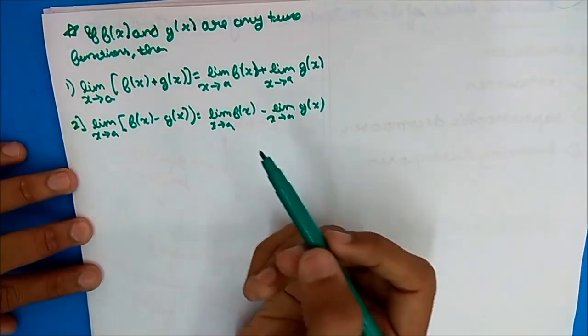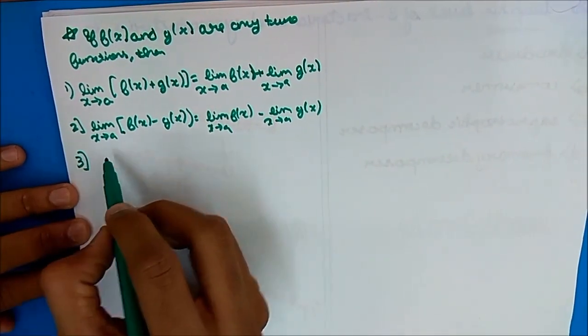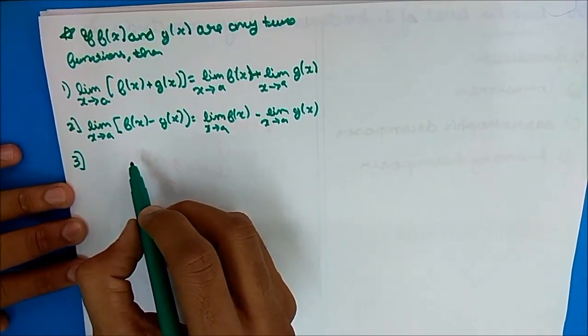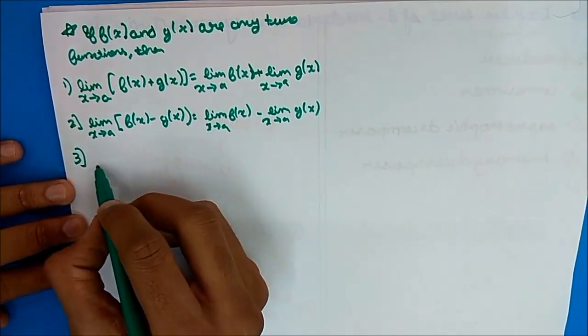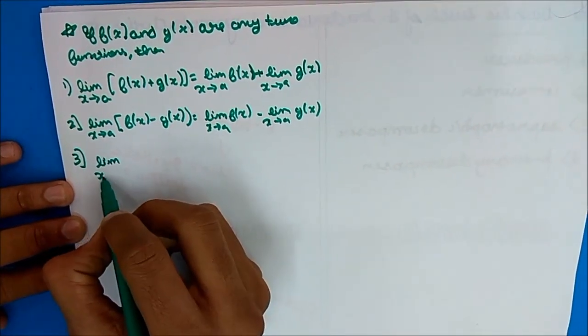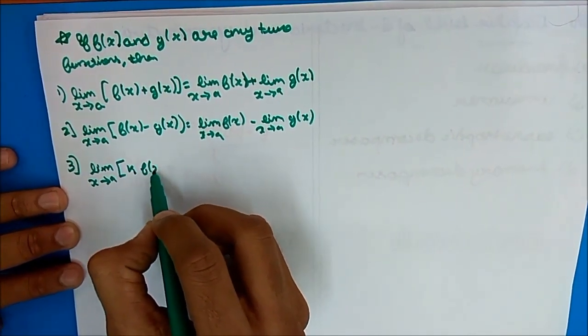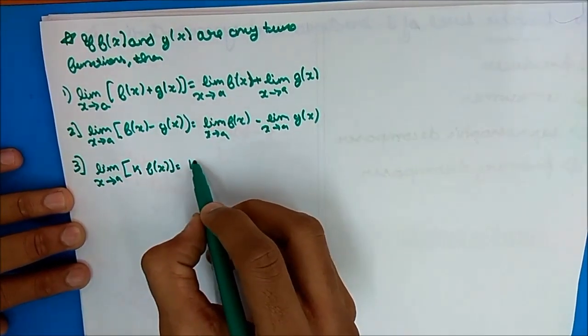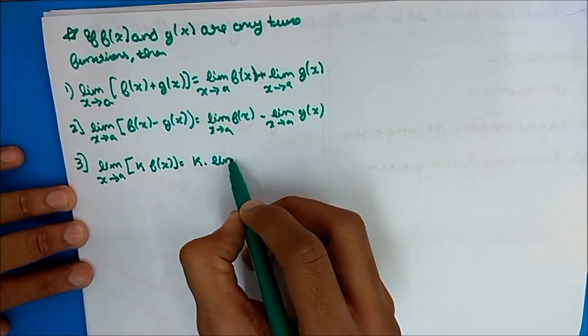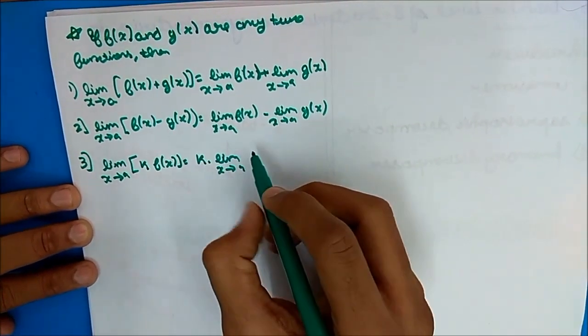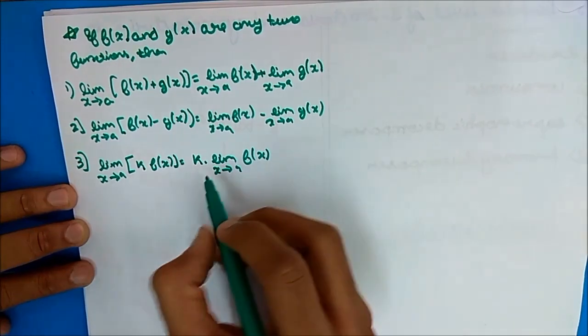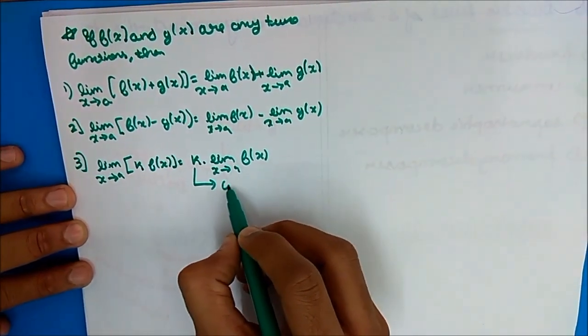In similar fashion for division as well. Then limit x tends to a of constant k into f of x: this constant will go outside, k times limit x tends to a f of x, where k is a constant.